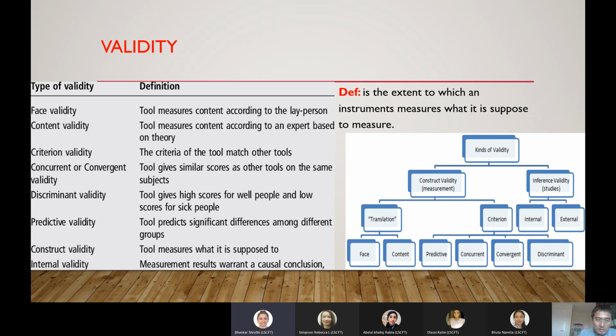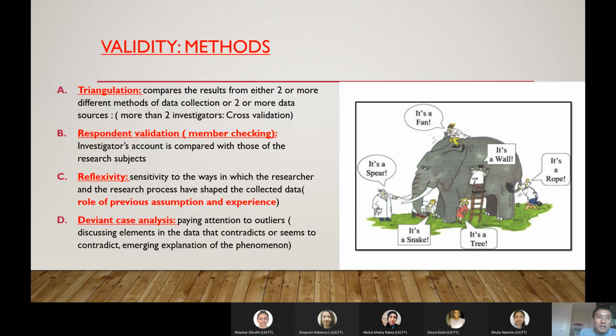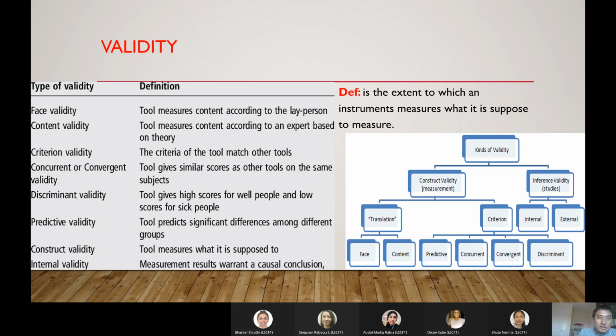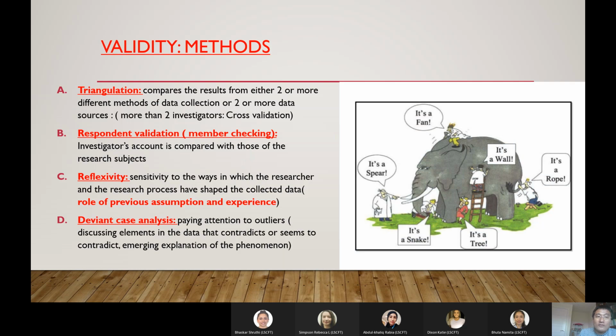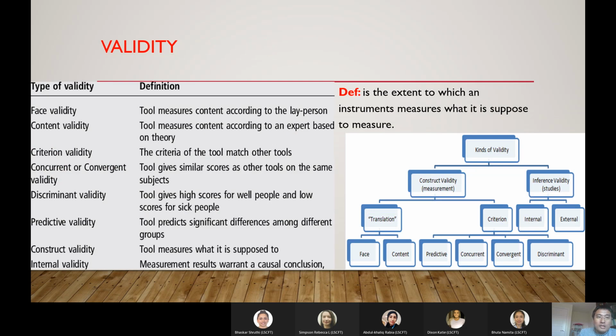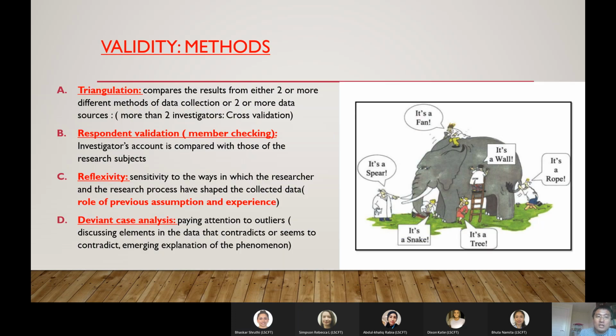So this one is a type of validity. In the MCQ, if they ask you a type of validity, the options might be this one. But what if they ask about the method of validity, the answers might be different. Keep in mind, if they ask the type of validity, this might be one of the answers, but if they ask the method, the answers might be different.